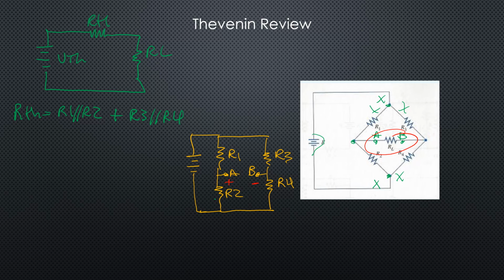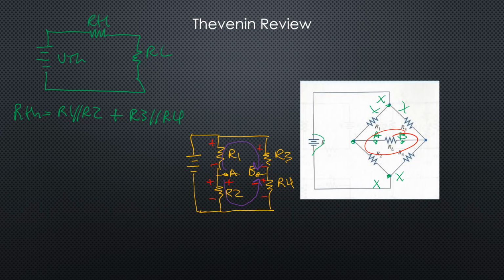Okay, so now it's just two series branches where you're going to find the voltages. And then you're going to write a Kirchhoff equation, either this way or this way, either way. And I actually recommend doing both because you should end up getting the same answer.